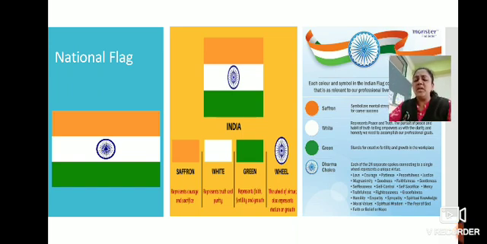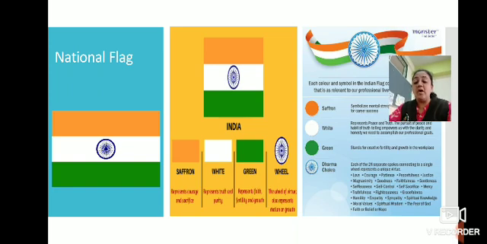Can you tell me what we call our national flag? There are, I think, two names for the national flag of India. Can you tell me what those two names are? Is it Tiranga or tricolor? Am I right? Yes, our national flag is called the Tiranga or the tricolor. Why do we call it Tiranga or tricolor?